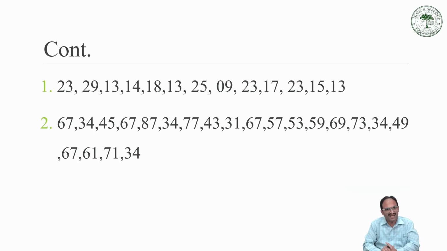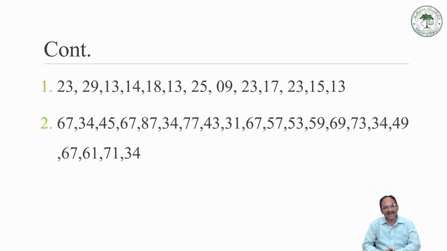Few more examples have been written for you. In the first example, in the first data set, the numbers are 23, 29, 13, 14, 18, 13, 25, 9, 23, 17, 23, 15 and 30.